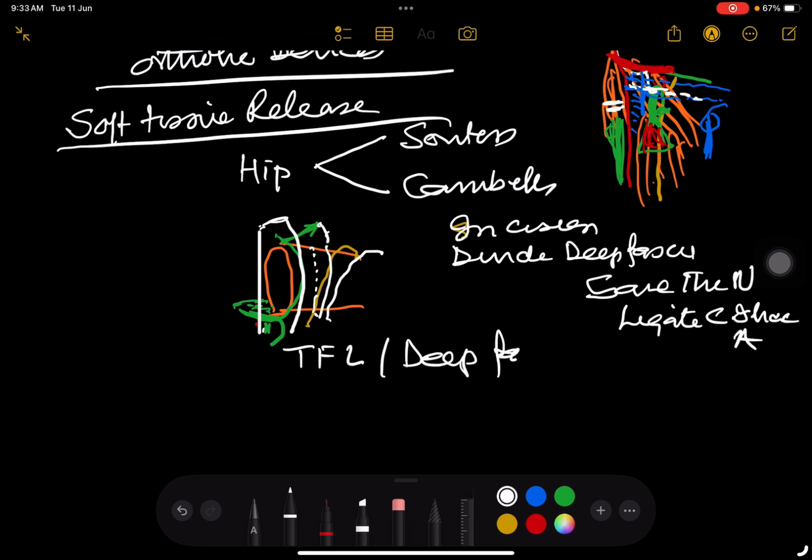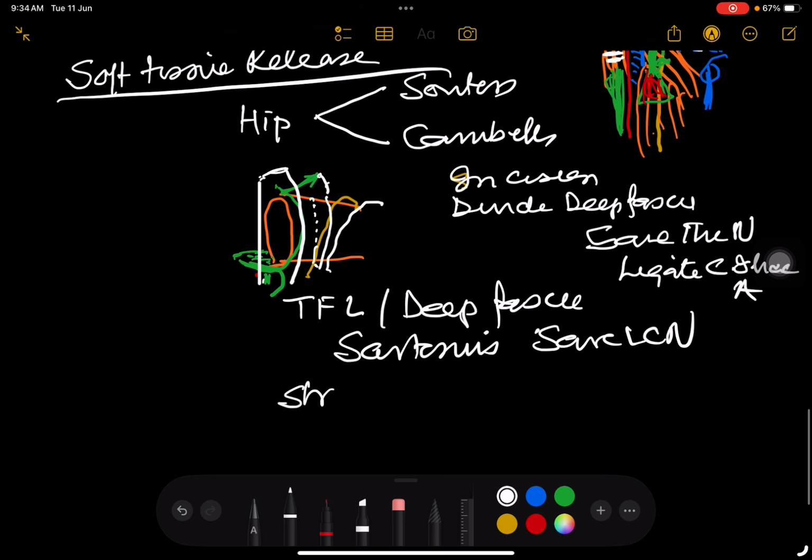Correct? The third thing you divide is the sartorius and you save the lateral cutaneous nerve of thigh. And the fourth thing is you divide the straight head of rectus femoris. This finishes the Soutter's operation.